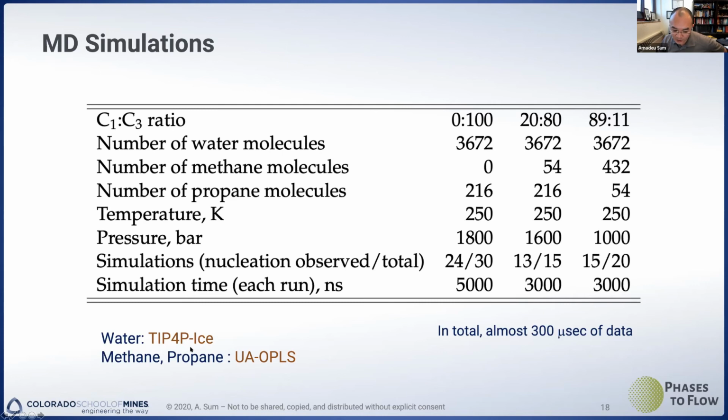If we change the water model, I think others have looked at that. We have not. And overall, there's not necessarily a significant difference from what is observed. There might be, of course, differences in the fine details in the time or the rate at which the nucleation might happen.